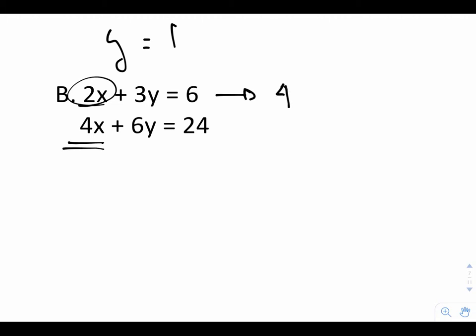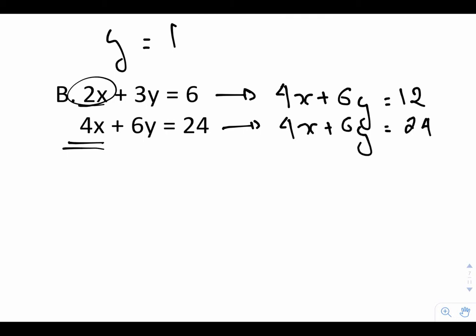So it'll be 4x plus 6y equals 12. Sorry, not 12, 24. No, not 24, it is 12. What am I saying? It is 12. In this equation, I'm going to keep the same. So it's just 4x plus 6y equals 24.